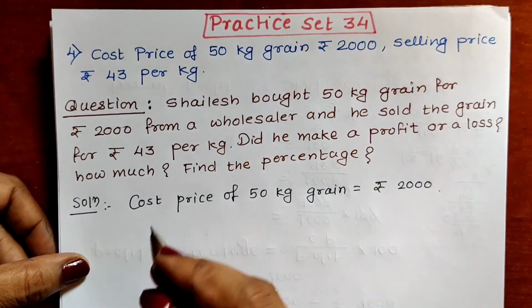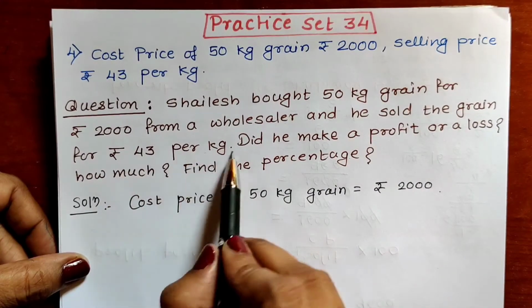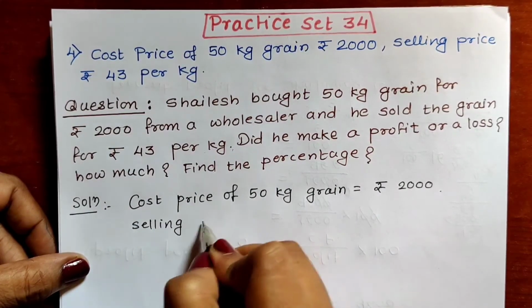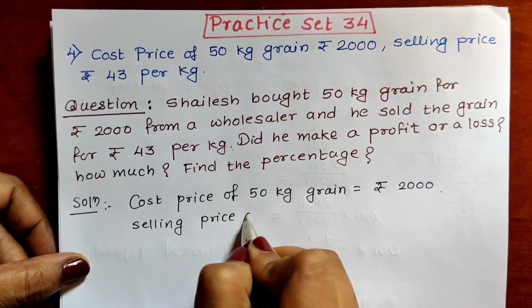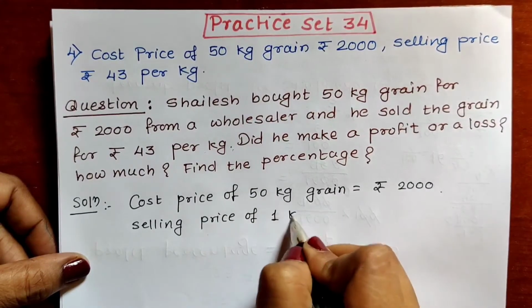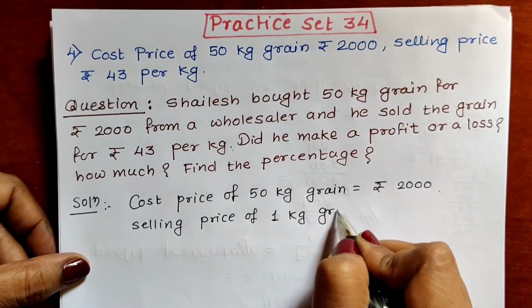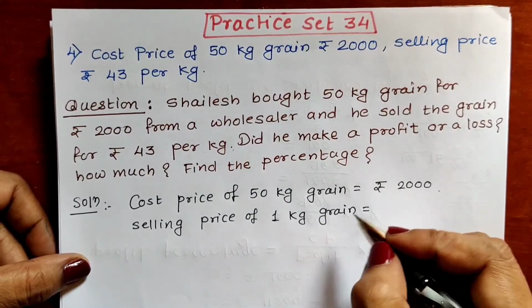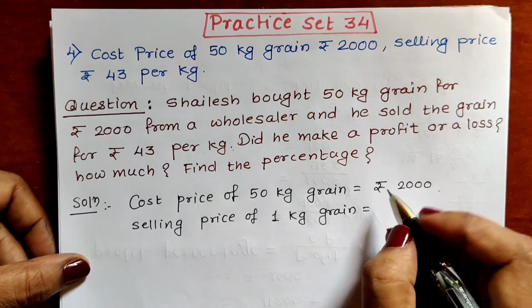Now selling price is rupees 43 per kg. So first we have to write selling price of 1 kg grain. In place of grain you can write wheat, sugar, anything. No need that my question and your question should be same.